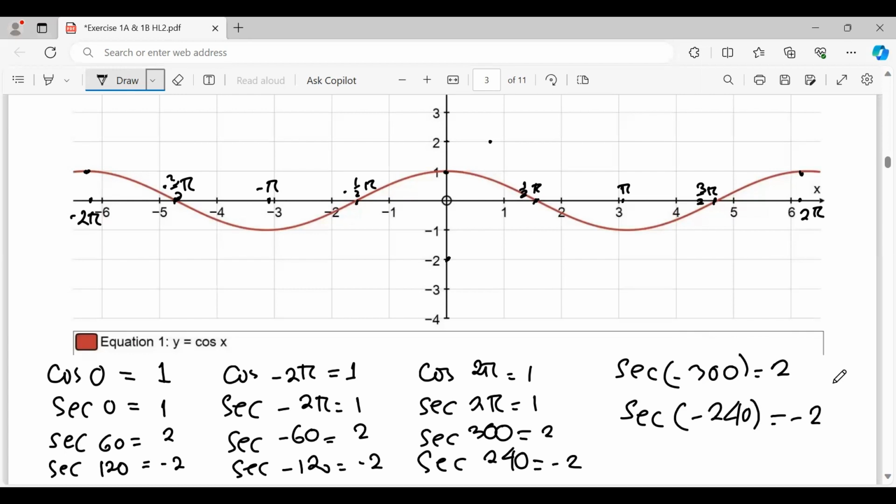So cosine already, so now we will focus on secant. Okay.